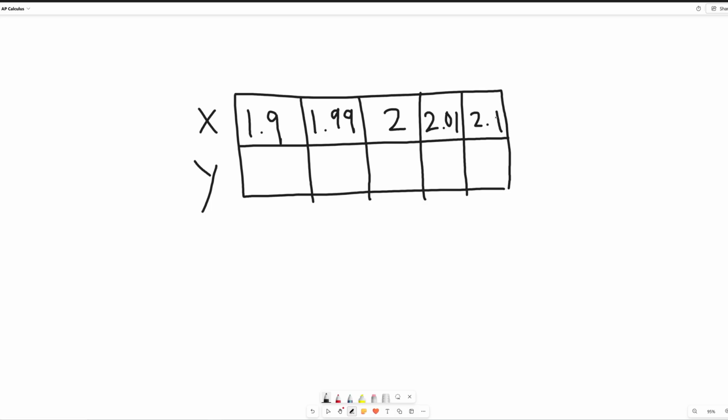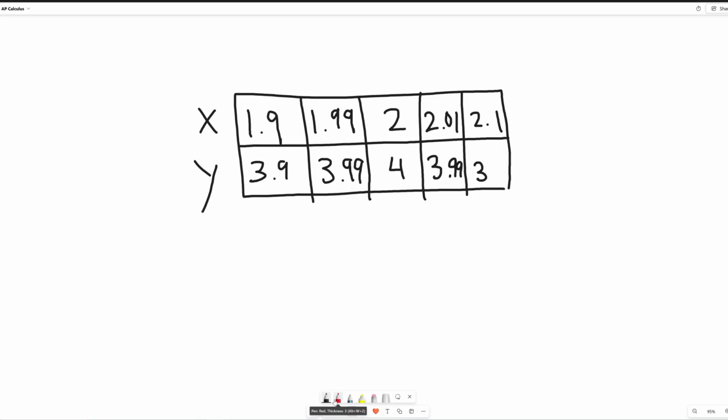Now, what really matters is this y value over here. If this were a normal function, you could say that this gives you 3.9, this gives you 3.99, this gives you 4, then 3.99, for instance, if it were a quadratic. This is something you would see most of the time when looking at a function.